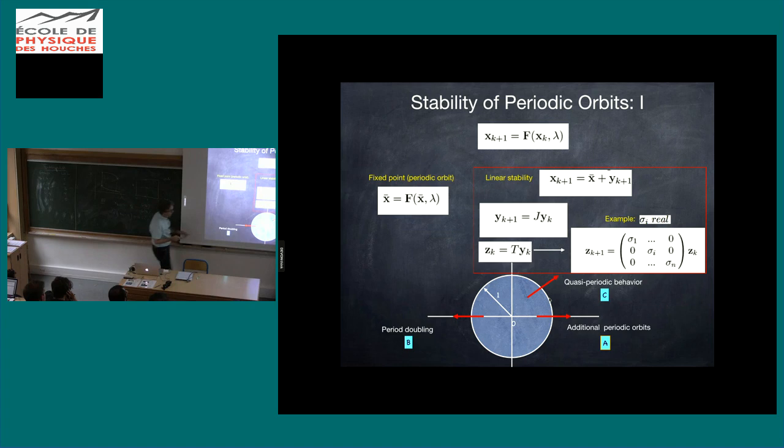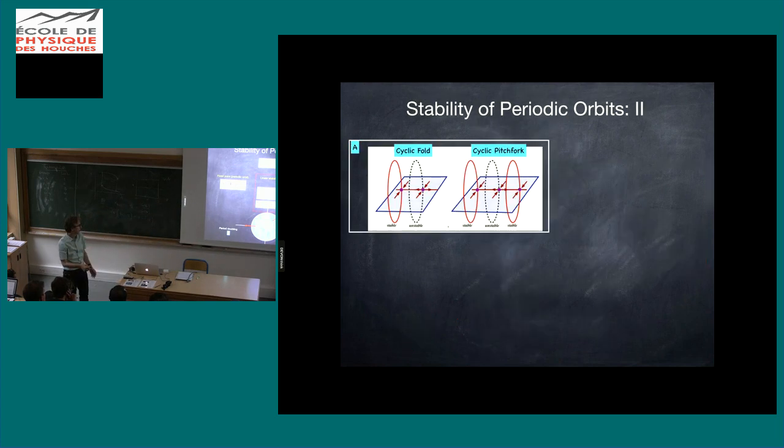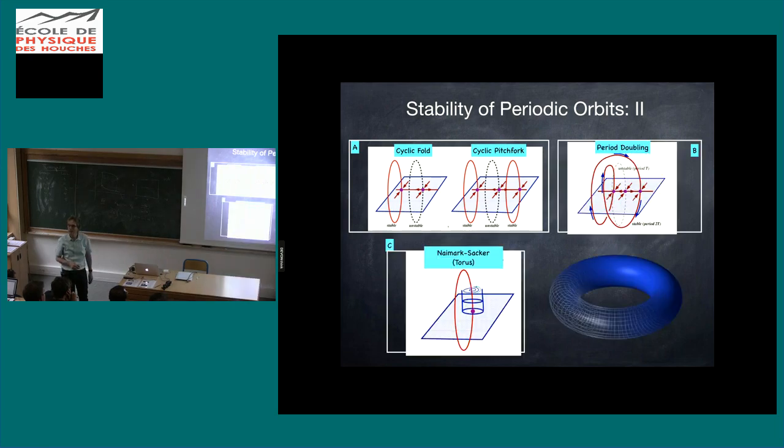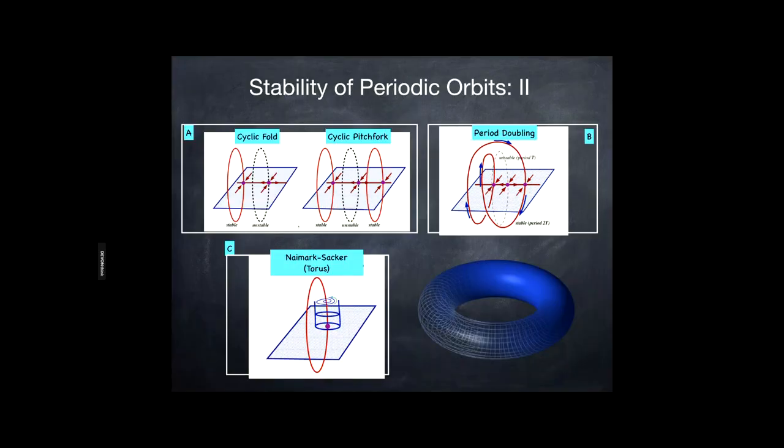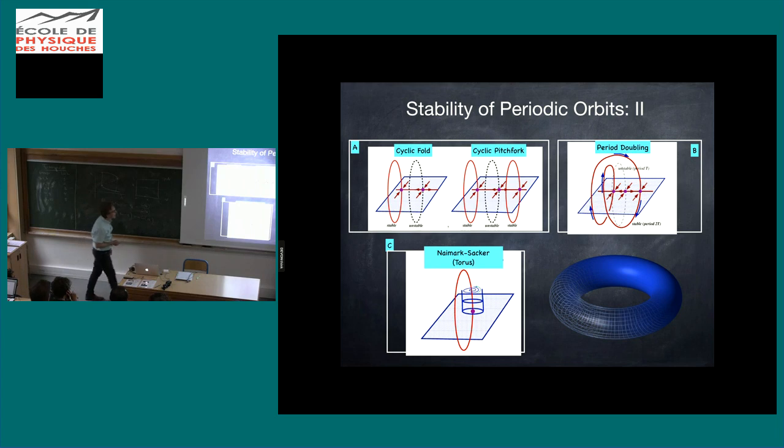And then there's another where you have a complex conjugate pair. It goes along the unit circle here, and then you get a quasi-periodic behavior. So you get the torus as a geometrical object where the orbits are located. So these are pictures. There are even pictures from Eric, I think, who's here in the audience, a long time ago. So for instance, if you have a cyclic fold, so that's a saddle node of periodic orbits, right? You have a stable periodic orbit and an unstable periodic orbit. You can have a cyclic pitchfork.